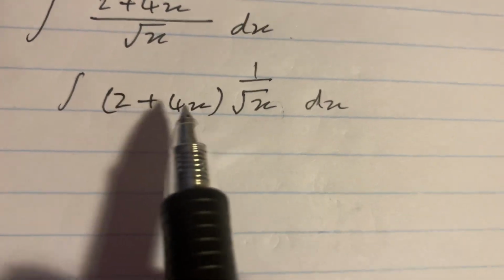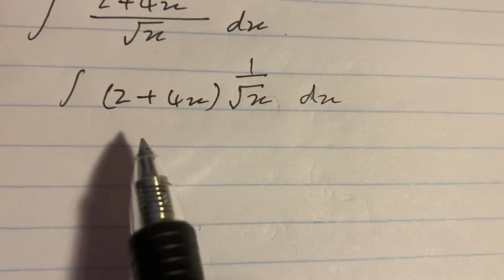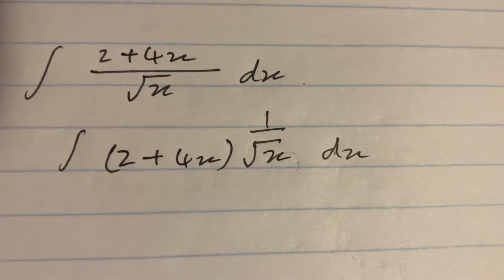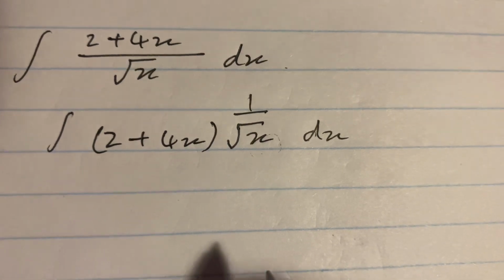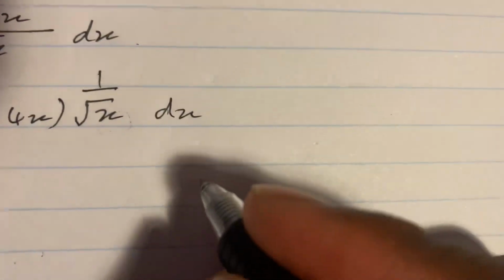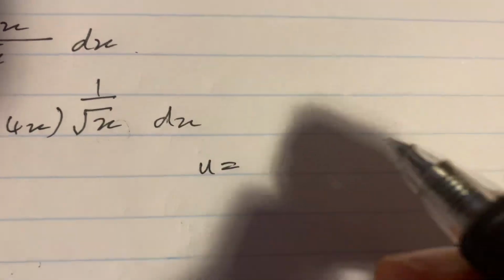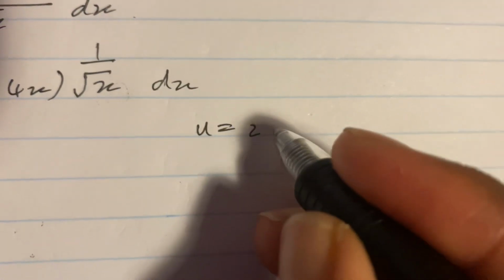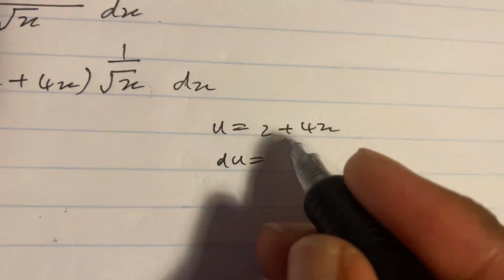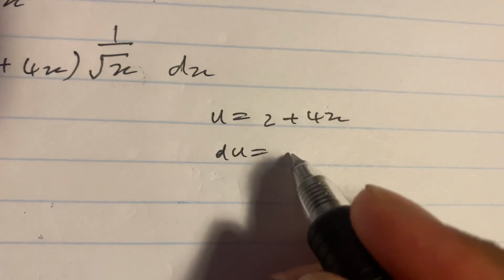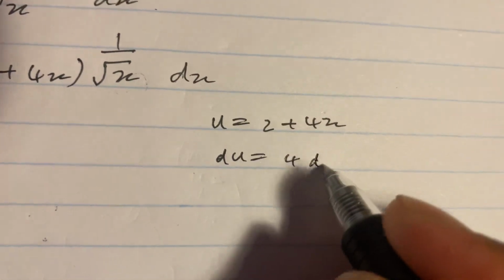Note that now you can use integration by parts. Which one are you going to take as the u? The one that simplifies, not the one that becomes more complex. So u equals 2 plus 4x, and then du, the derivative of this one, is just 4 dx.